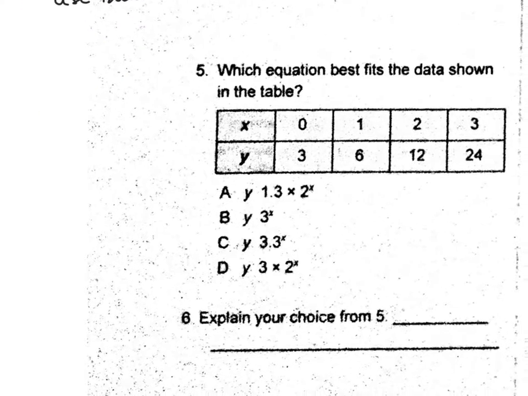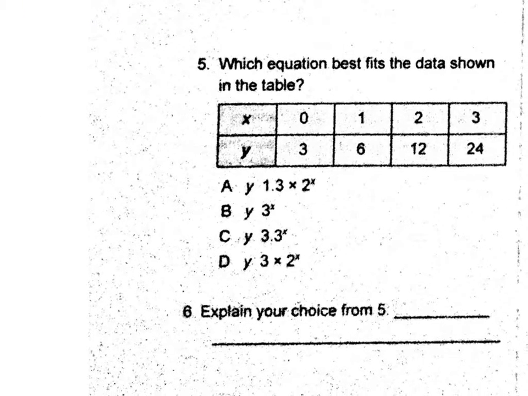Question 5 and 6 go together. Which equation best fits the data shown? This is very, very similar to the questions from the beginning. So it looks like we're multiplying by 2 every time. So I'm going to be looking for something with 2 to the x, which is going to cancel out options C and B here.